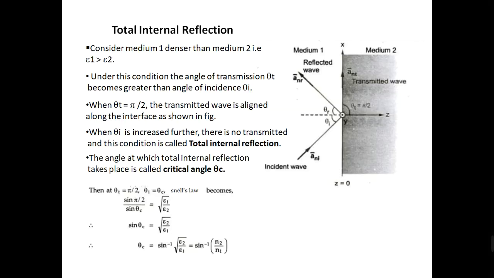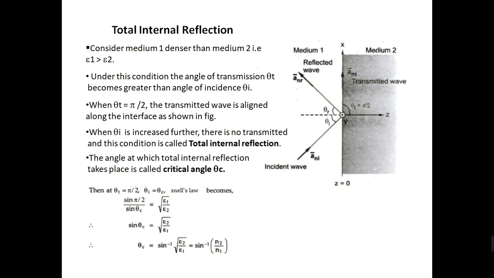Next, coming to total internal reflection. Total internal reflection takes place when the wave is traveling from a denser medium to a rarer medium. Let me consider medium 1 and medium 2, where medium 1 is a denser medium and medium 2 is a rarer medium. That means the permittivity of medium 1 is greater than the permittivity of medium 2.